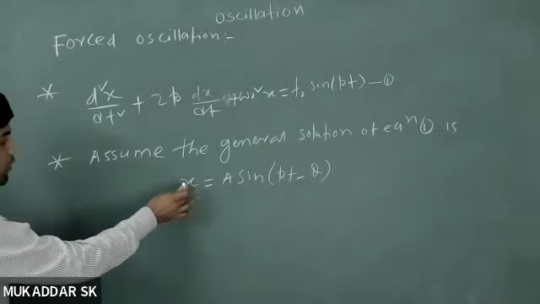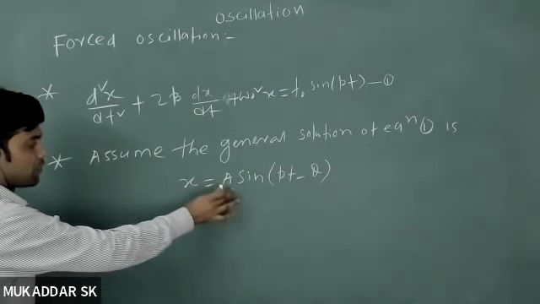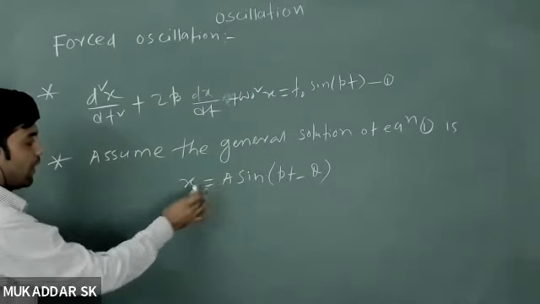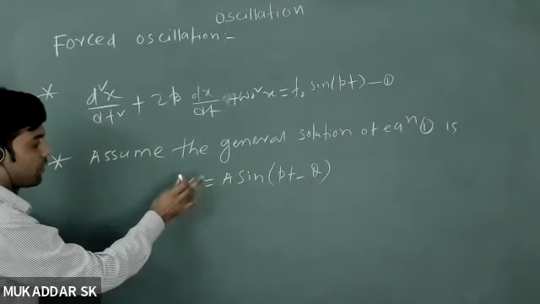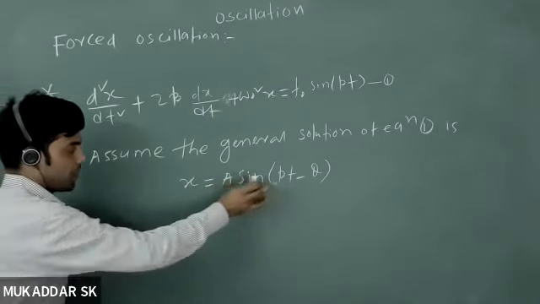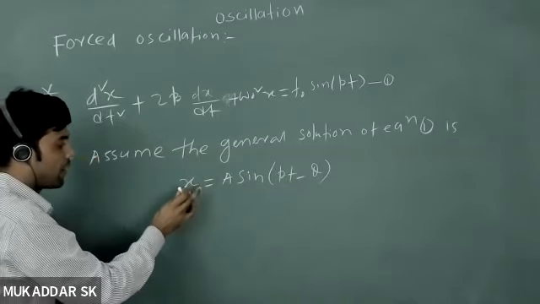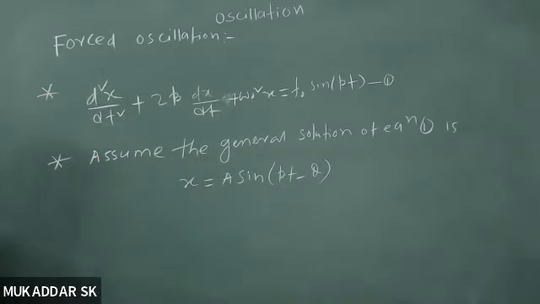If you differentiate x with respect to time, del x by del t, you will get pa cos of pt minus theta. When you double differentiate with respect to time, that will give you minus p square a sine of pt minus theta.